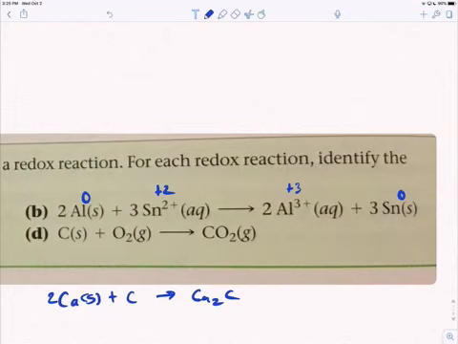You frequently put the things of lower electronegativity on the left and the higher electronegativity on the right. We haven't talked about electronegativity yet, but that's another thing. Electronegativity is the ability of an atom to draw electron density. So the things that have higher electronegativity tend to be the oxidizing agents, so they're further on the right, and the lower ones tend to give off more electron density on the left.